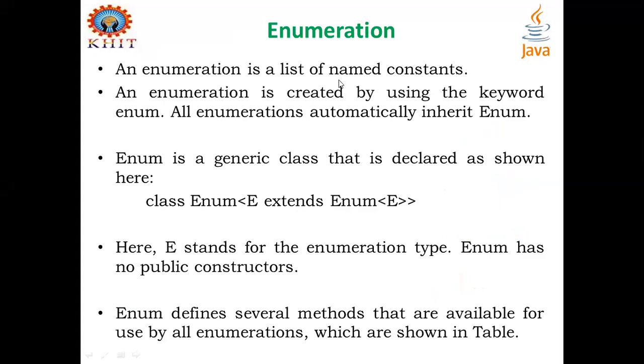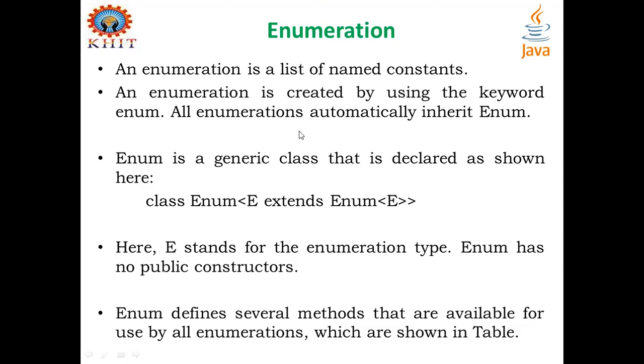An enumeration is a list of named constants, and you can create a list of some constant values. That is what enumeration means. It is created by using the keyword called enum. Enum is a keyword that is used to create a list of some named constants, right?